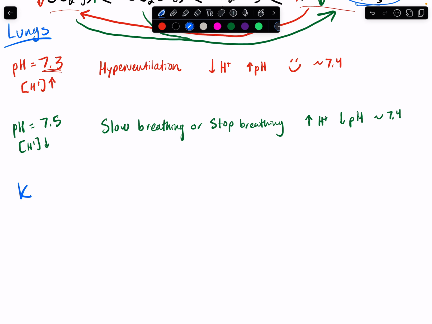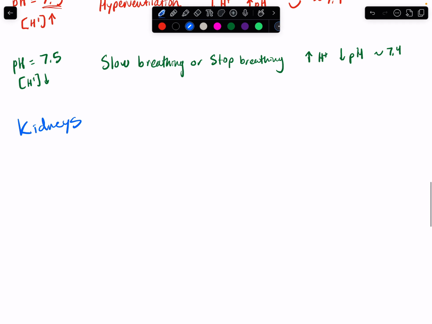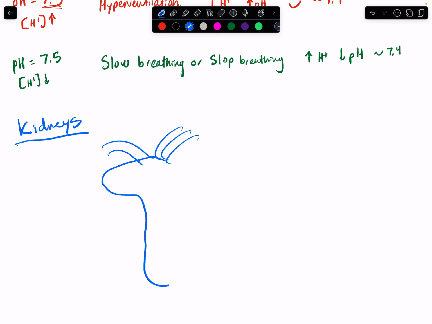So now we're going to focus on our kidneys. This starts the way Dr. Wu wants you to know it, is that say you have a bunch of blood from your body and you have vessels coming in, and you reach this part where it comes to the structure called the Bowman's capsule.